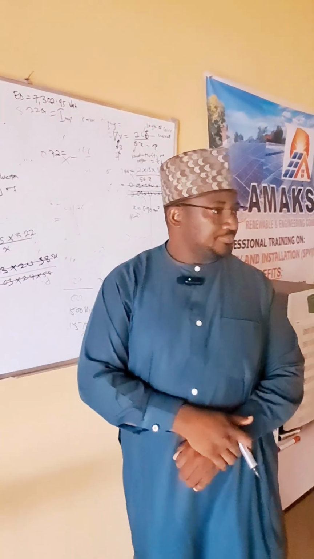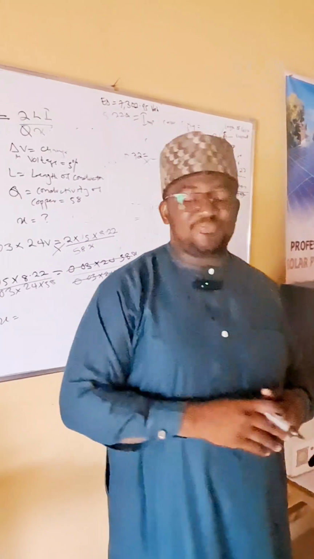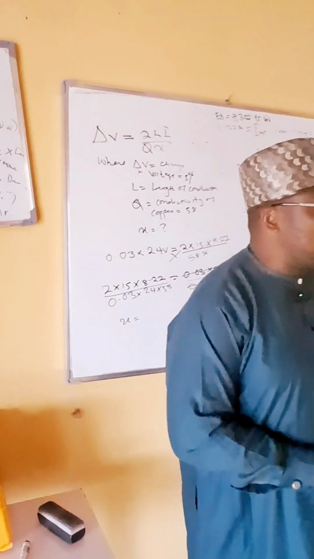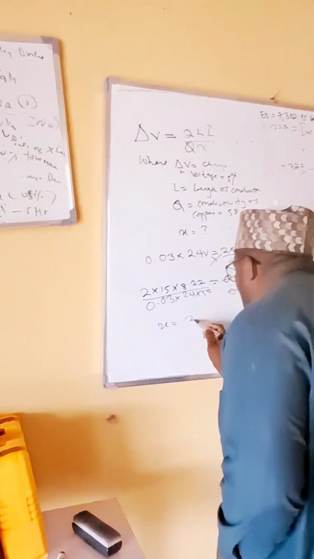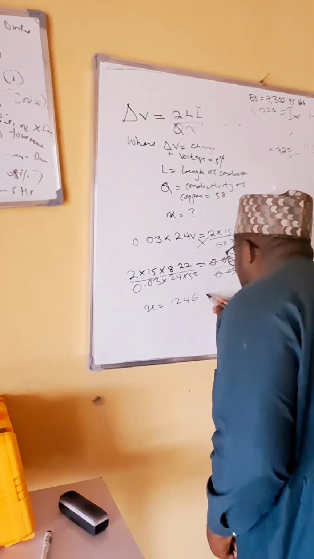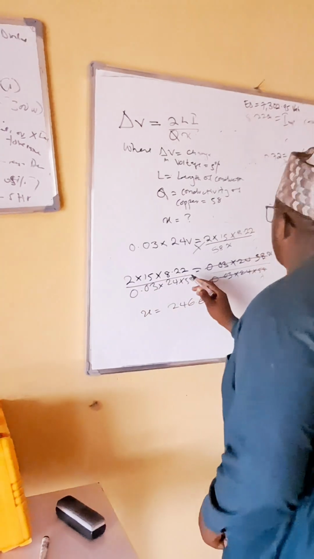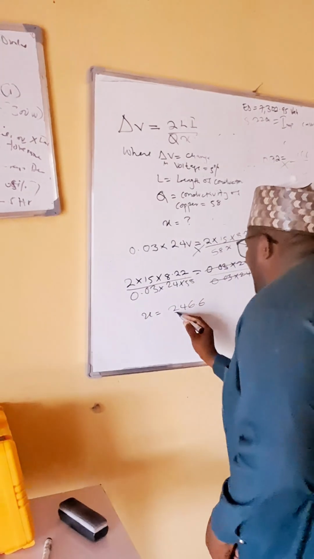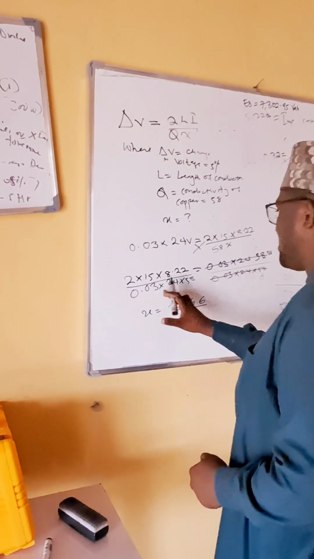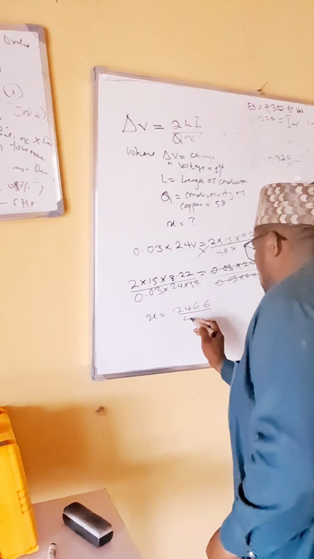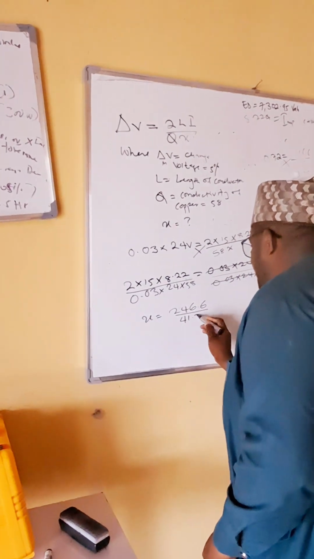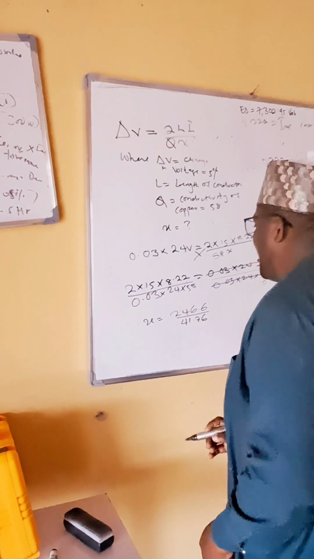What do we have? 2 times 15 times 8.22 gives 246.6. Divided by 41.76.